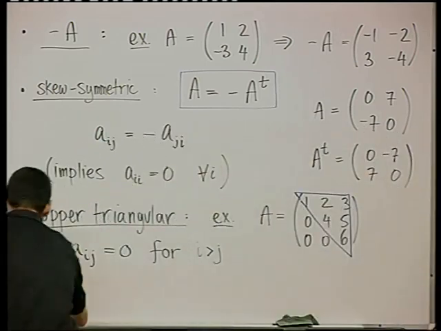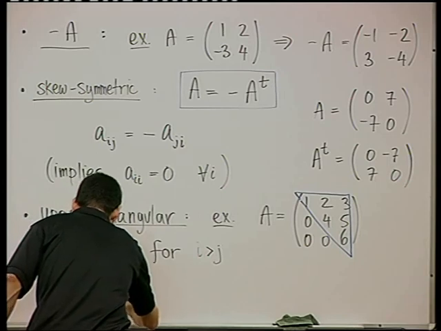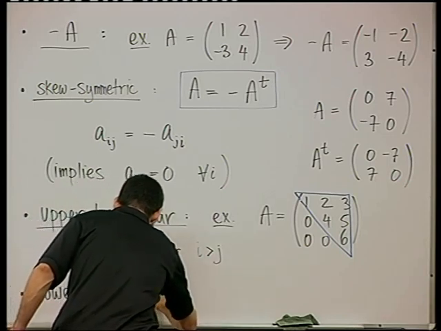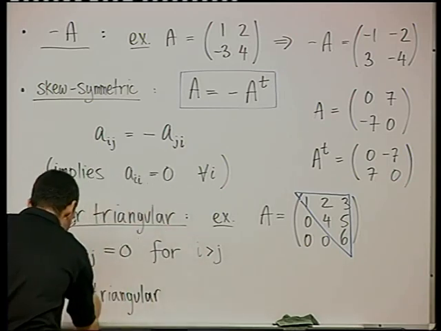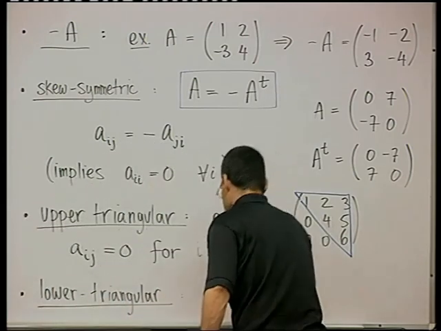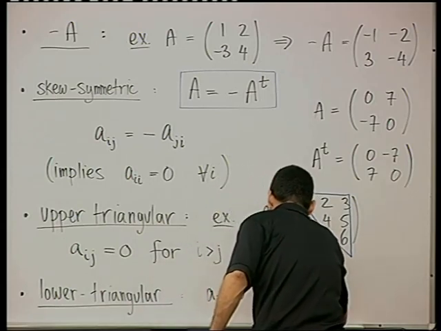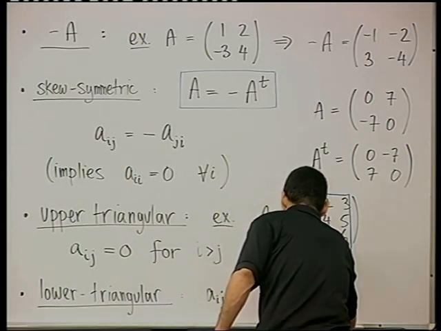And finally, a lower triangular matrix, equivalently, Aij equals 0 for j greater than i.